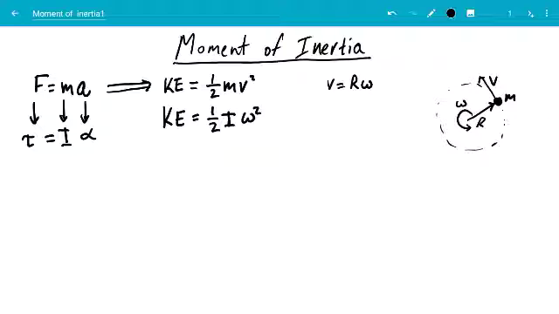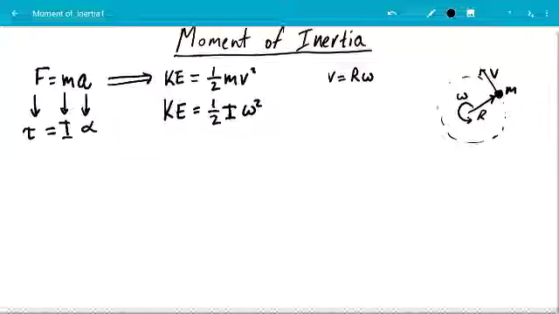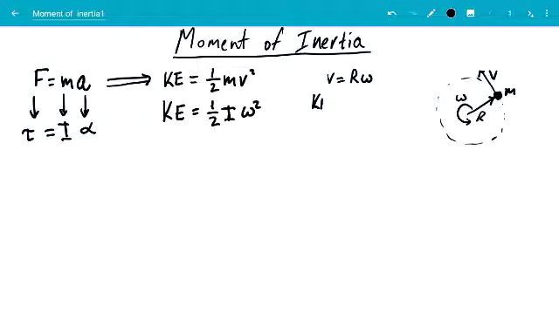So we're just going to replace v with r omega for our kinetic energy. So the kinetic energy equals 1/2 m, and then r omega squared. So that means we'll be able to rewrite this as 1/2 m r squared omega squared. But that's exactly what we want.